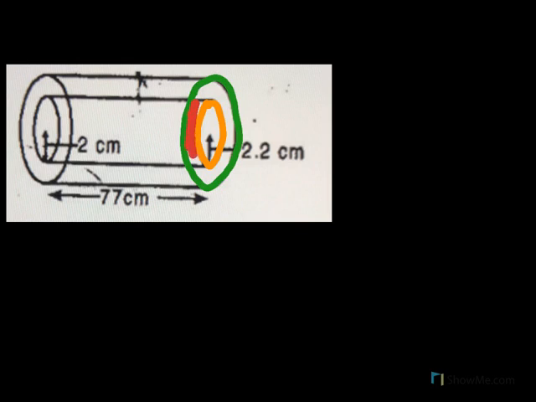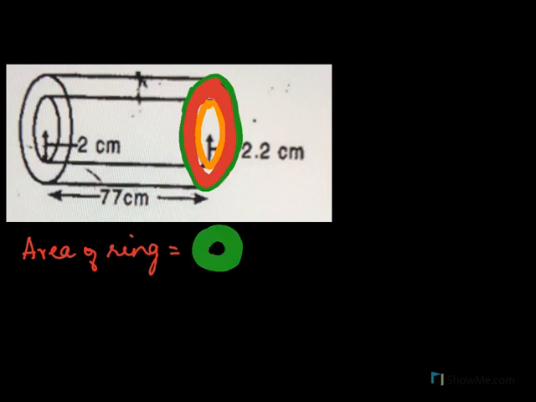So now to calculate this ring that I'm shading out here, have you seen this red ring lies between the green and the yellow. So now I can say the area of the ring will be the outer circle, which is the green one, minus the yellow area, right? You subtract both these areas and then we will get the area of the ring.